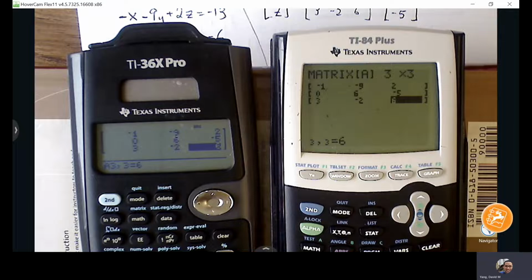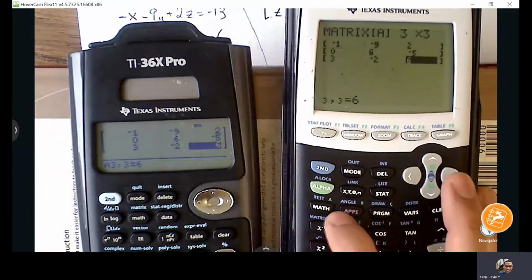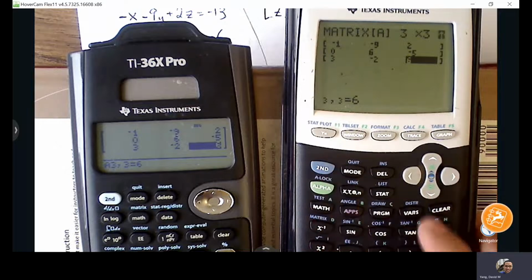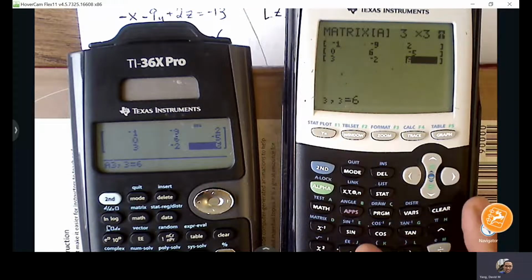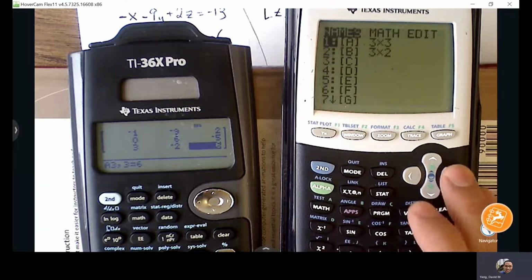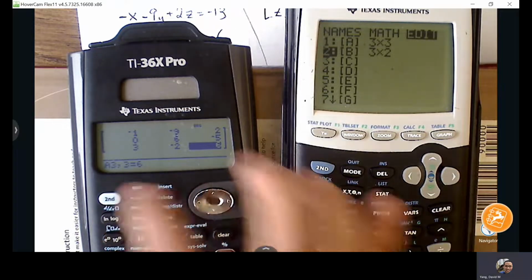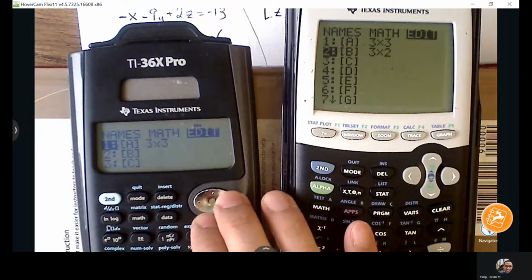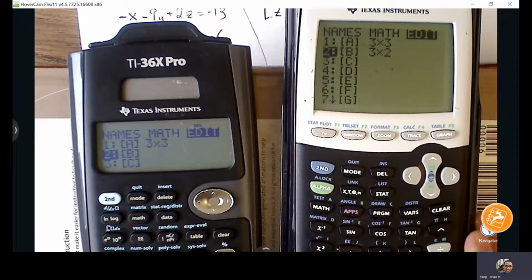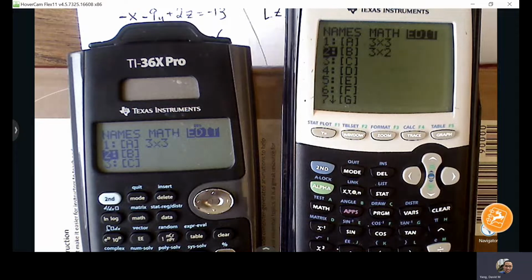Okay. All right. Go back to your matrix screen again. So matrix menu, go to second. And now we're going to edit matrix B. Okay. Now the second matrix is going to be a 3 by 1, 3 rows, 1 column.